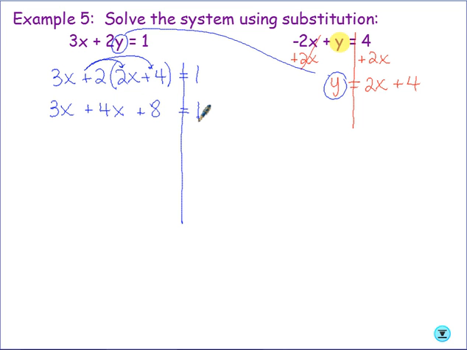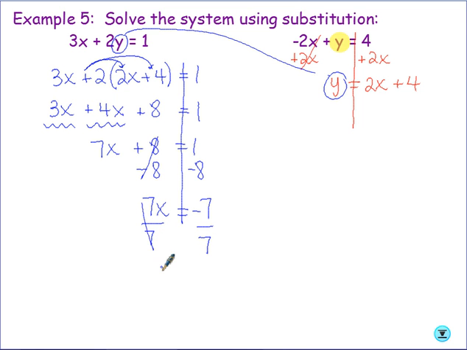Combine like terms. 3x plus 4x is 7x plus 8 equals 1. Subtract 8. 7x equals 1 take away 8 is negative 7. Divide both sides by 7. X equals negative 7 divided by positive 7 is negative 1.